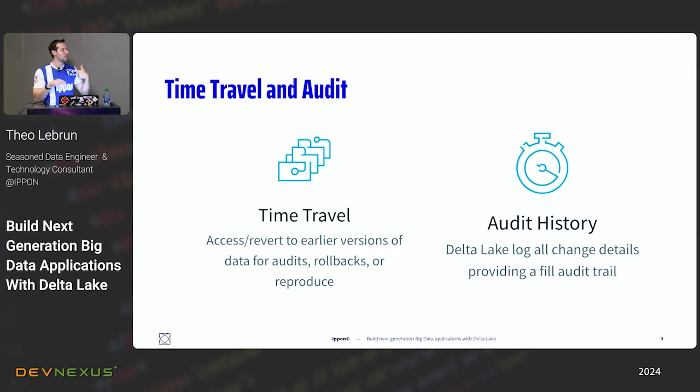You can also do a rollback if you want, or just reproduce something that happened in the past. So that's pretty cool. And then another feature is the audit history. Like I said, with the transaction log, you can see all the operations on your Delta Lake table and see what happened. So you can have an idea like, okay, we renamed the column, we dropped the column, we added some data. You're going to have access to all of that.